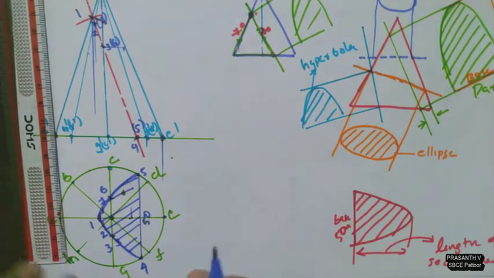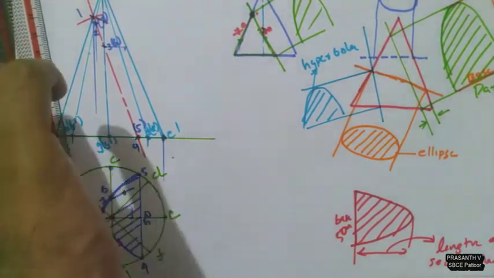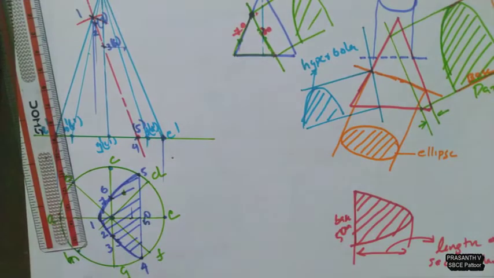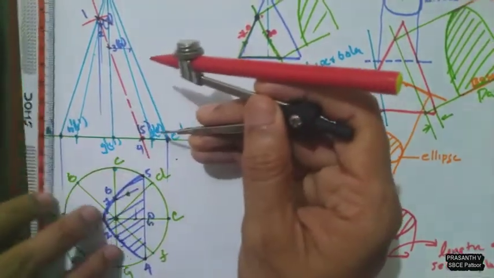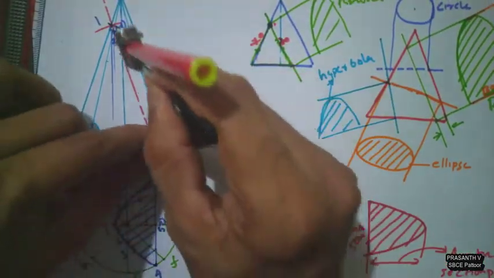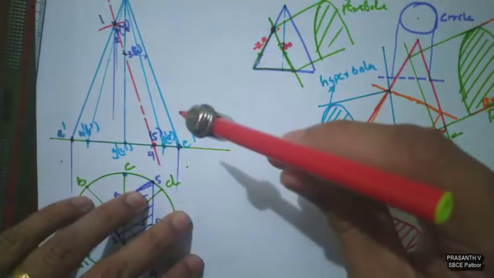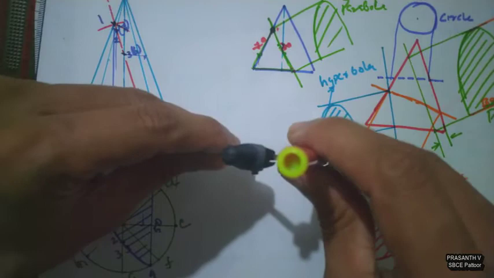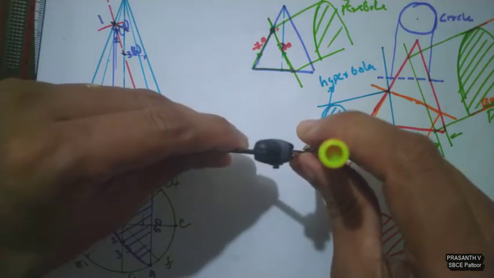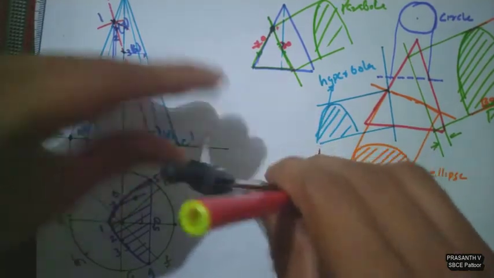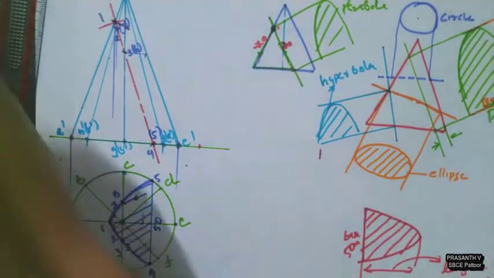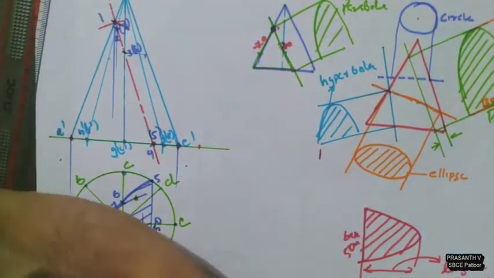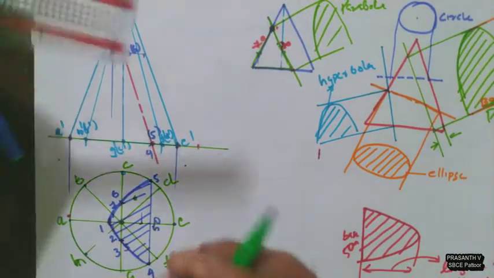See, now how will you draw the true shape? To get the true shape, first you have to take this distance, the length of the section plane, and mark it on the XY line. Here, extend the XY line a little bit to draw the true shape.